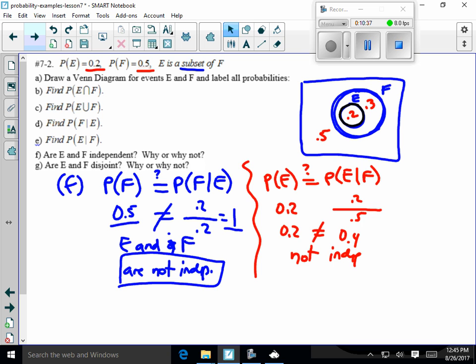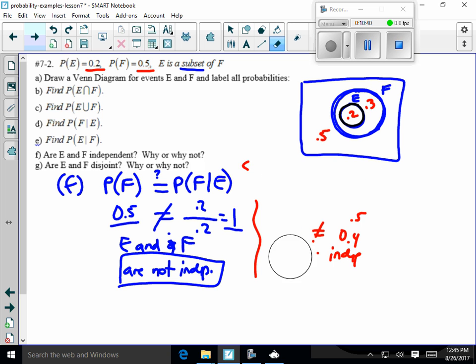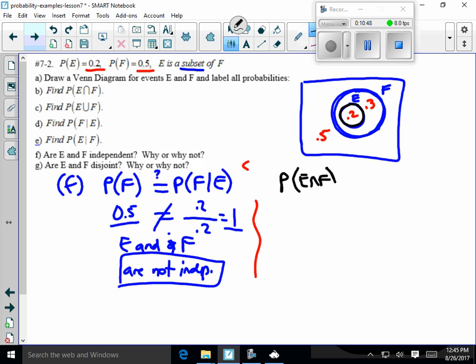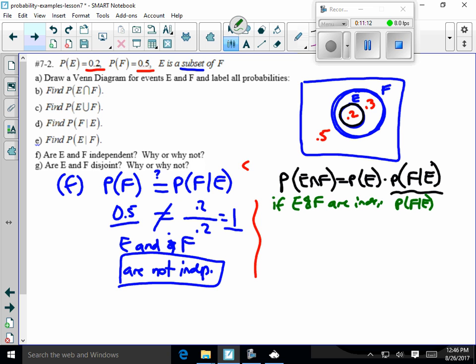There is another way to do this, and that is some books do this. They say, okay, the AND formula, right, is this. The probability of E and F occurring is really the probability of E occurring times the probability of F occurring given that E has happened, right? The second probability here has to be a conditional probability, right? But they say if we know that E and F are independent, then we know that the probability of F given E is just equal to the probability of F, period, because the probability of F isn't changing.